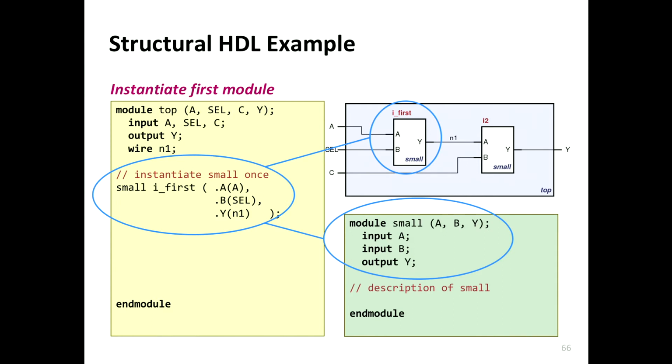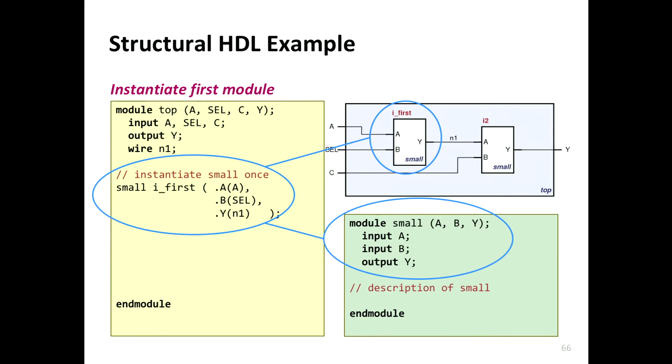But what is important is that you have to instantiate the module with the exact name that you gave for the module here. So the first word is small, then the instantiation name, and then you start connecting wires. What this statement tells is that you are connecting the A port of the small module with the A port of the top module. And this is exactly what it says here.